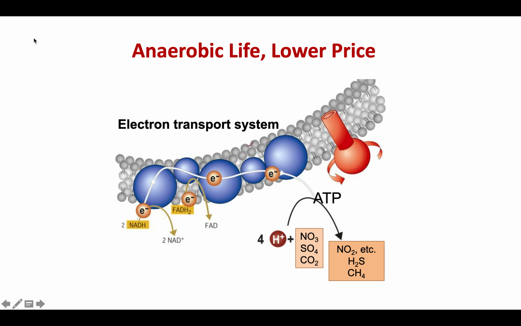They don't form these free radicals because it's an inorganic molecule that will accept that final electron. So there is a lower price, but then again, they do pay a bigger price if oxygen does become available in their environment. And I'll show you that at the next slide.